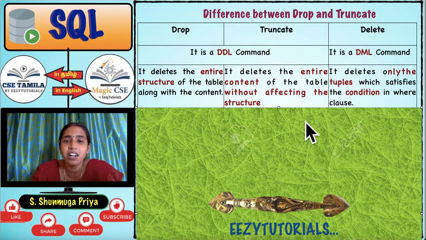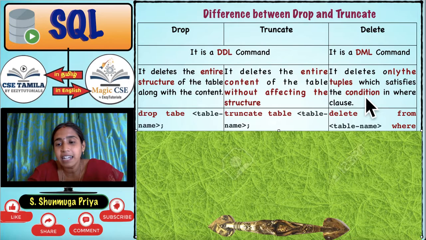If you have 10 records inside a table, all the 10 records will be deleted in a single go, but the structure will not be affected. The structure of the table will remain safe. Delete is even more safe: only the tuples which satisfy the given condition alone will be deleted. Other tuples will not be touched at all. The structure of the table also will not be affected. So that is the difference between these three things.